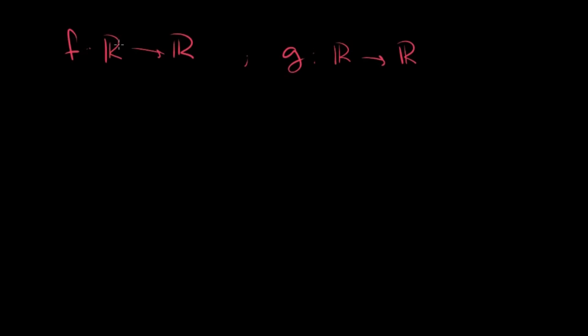Now these functions can go to any set. The important thing is this one and this one are the same. So f will be defined f of x equals 2 times x squared minus 18, and g of x is x minus 1 plus 3.